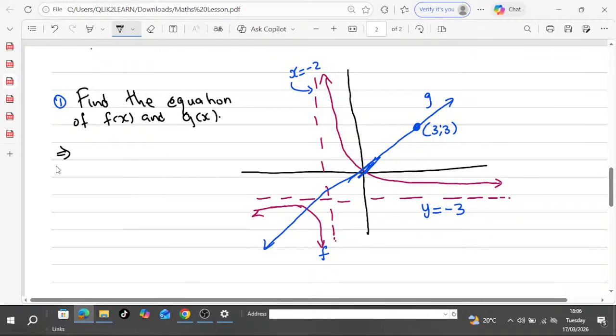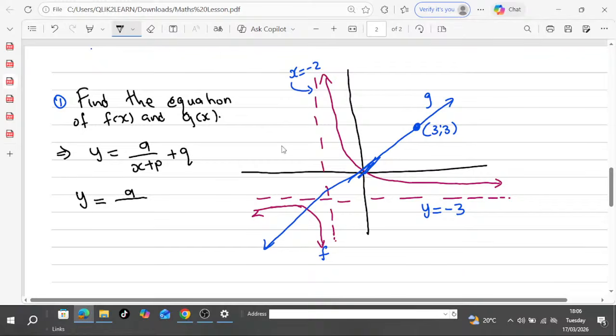Remember, the hyperbola is in the form y equals a over x plus p, plus q. So we just have to substitute this. Please pay attention on this one. We are looking for the equation of f, which is the hyperbola.